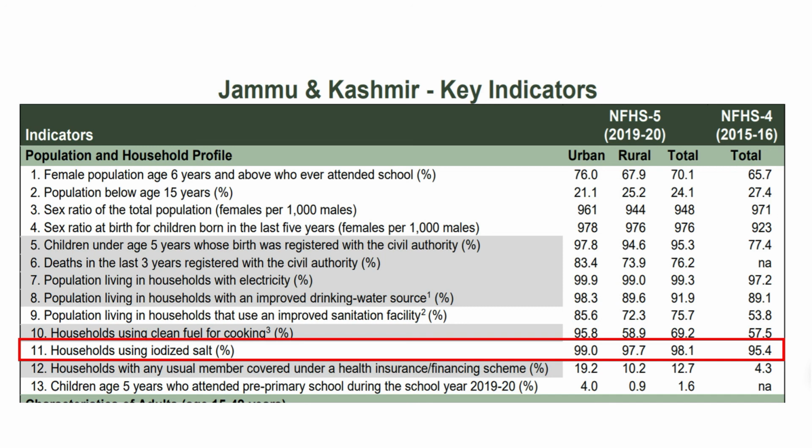However, when we look at the total, it's around 98% of our population is taking iodized salt as against 95% as per NFHS 4 survey, which was conducted 5 years before the NFHS 5 survey.